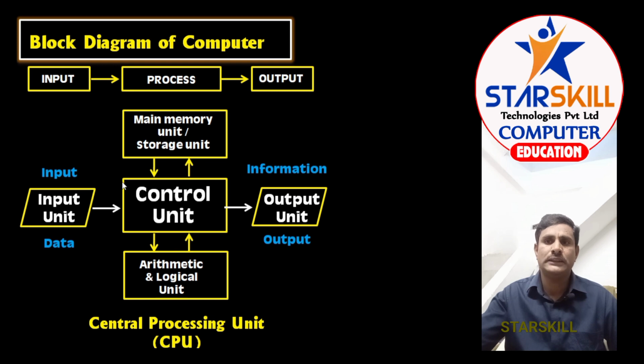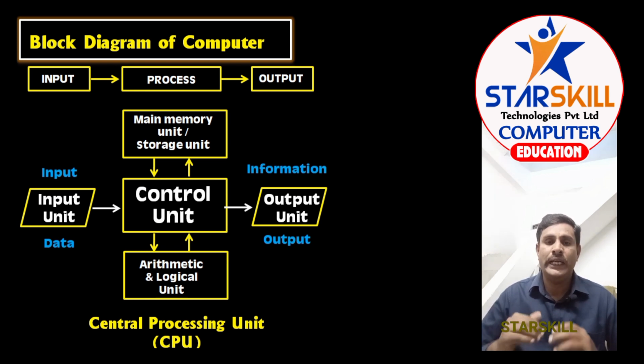But how does the process go on inside? Already you have observed input, process, output. How are you giving the input? Using input devices. Let's observe the input devices. There are two things here: input and data.